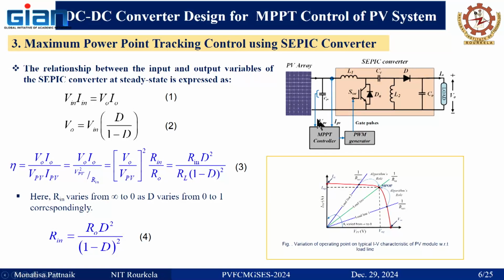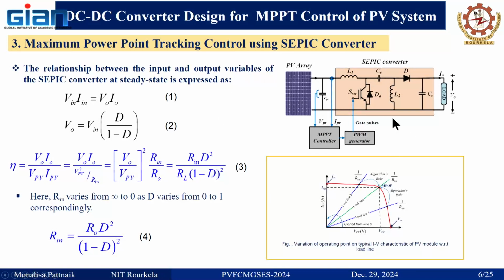But if you want a simple implementation, then depending on the bus voltage level, you can choose either buck or boost. Though it is limited to either side, you can go for a buck or boost converter implementation. Otherwise, the SEPIC, buck boost or a Cuk converter you can also implement.